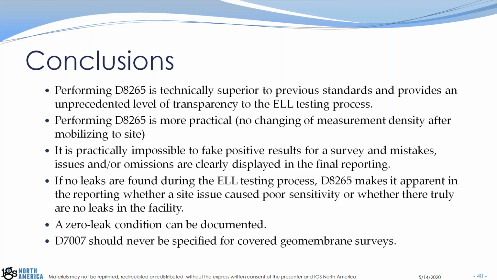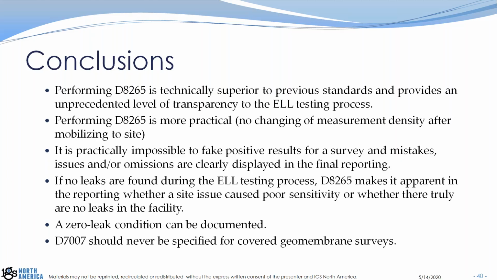So if no leaks are found during the testing process, D8265 is orchestrated to make it known what happened during the test that could cause poor site sensitivity, or maybe there truly were no leaks, and it can quantify that there are no leaks and why we think so.